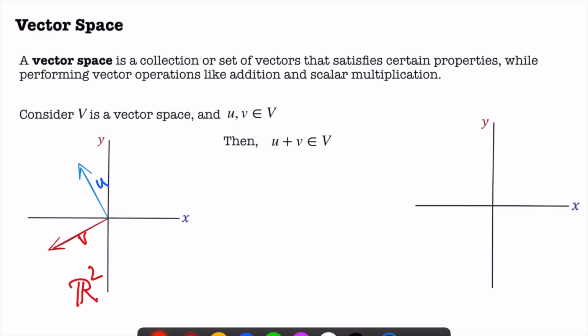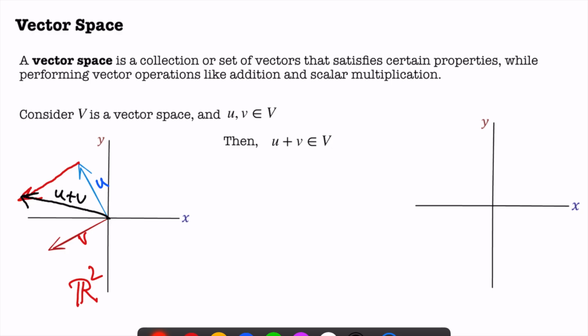Now let's add u plus v. For that we'll move v and place it at the tip of u, right? And then we'll get our resultant vector. This is u plus v, and this is also a part of R2, right? This u plus v also belongs to R2. So R2 is a vector space.